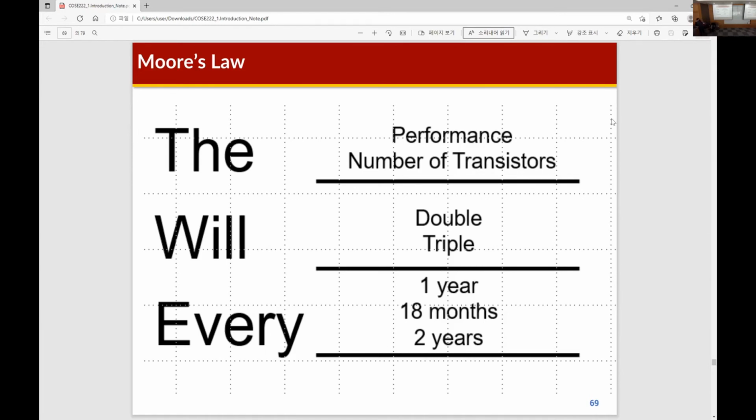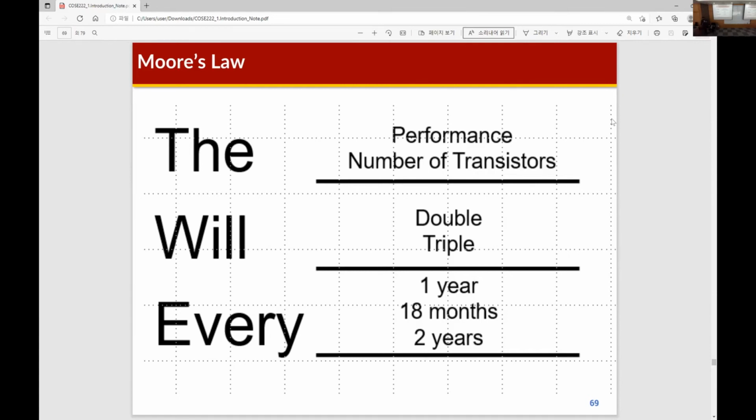The performance of a CPU or the number of transistors in a CPU? Yes, right. Moore's law mentioned that the number of transistors in a CPU will double every 2 years.